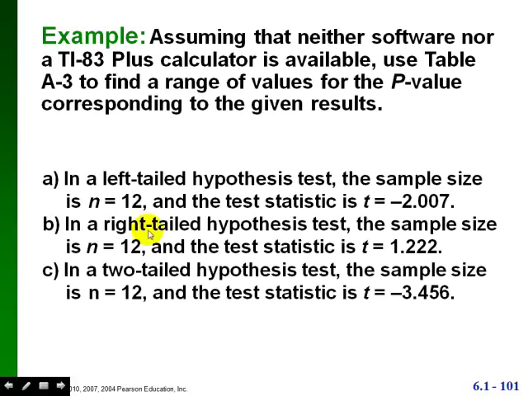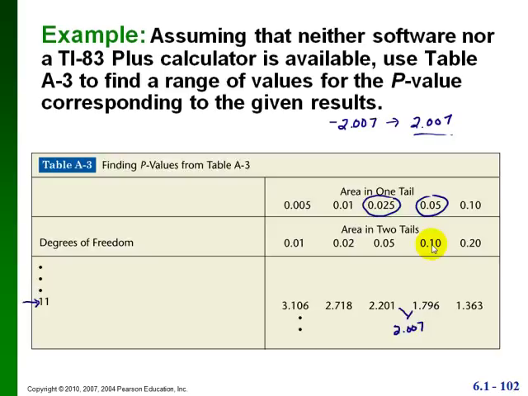In part B here we had a right-tailed hypothesis test. Sample size was still n equals 12, and our test statistic is 1.222. So again, we are looking at the area in one tail. We're looking in the same row because we still have n equals 12, so our degrees of freedom is 11. And the 1.222 in comparison to these numbers would be over here, because notice that these are going down.